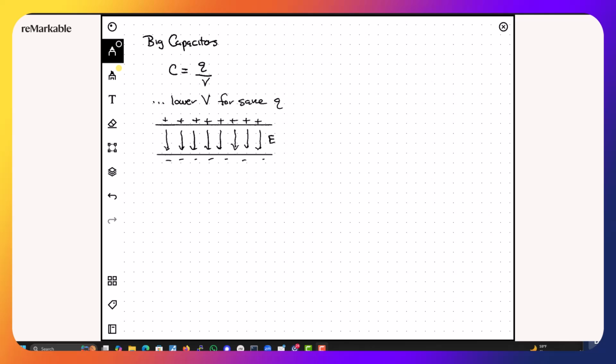If we could find a material, and we can find such materials called dielectric materials, they can be polarized. That is, the E is lowered. The V is lowered. So the C is increased.